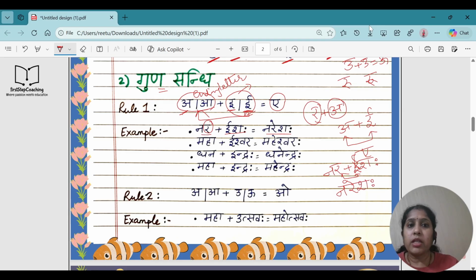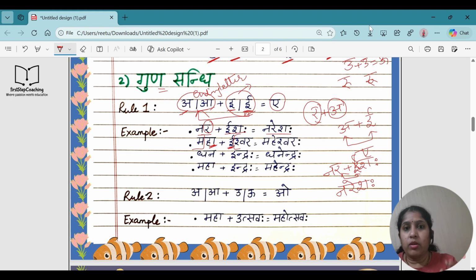Fine. You remember just one thing, that whenever we do Sandhi, the changes will happen only at the ending part of the first word and the starting part of the second word. Before that and after that, no changes. They will come as it is. Understood? They will come as it is.